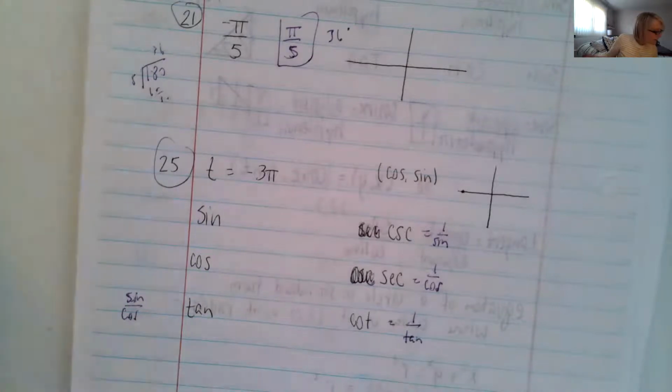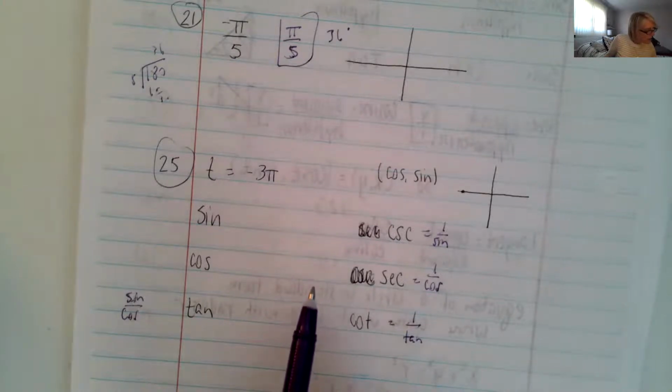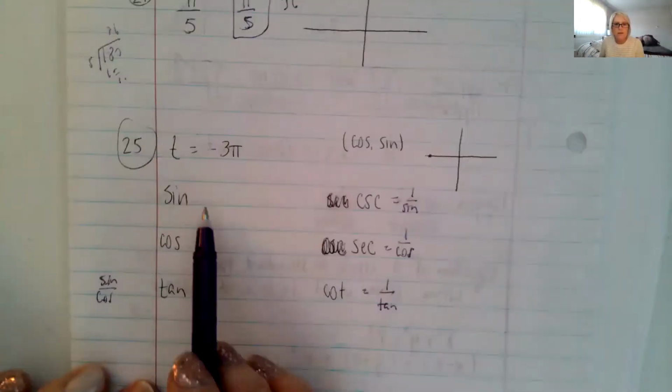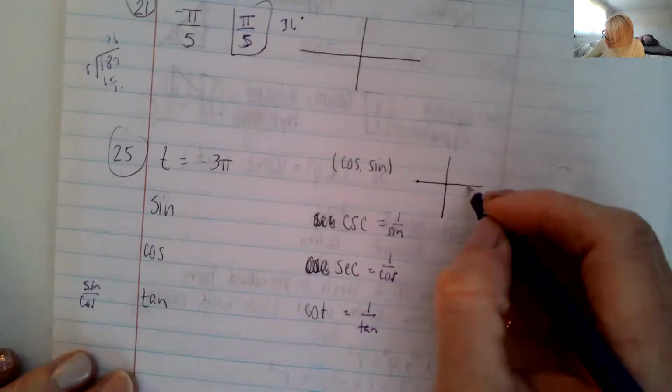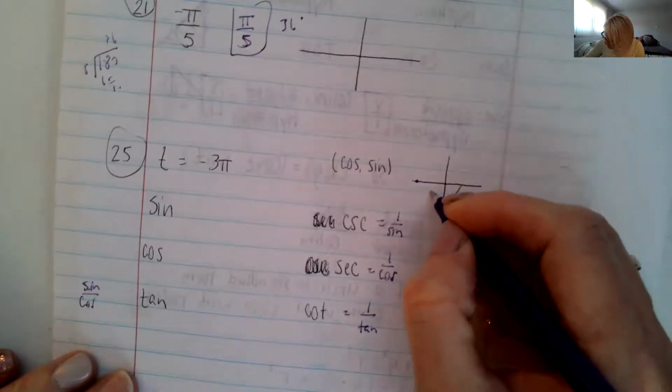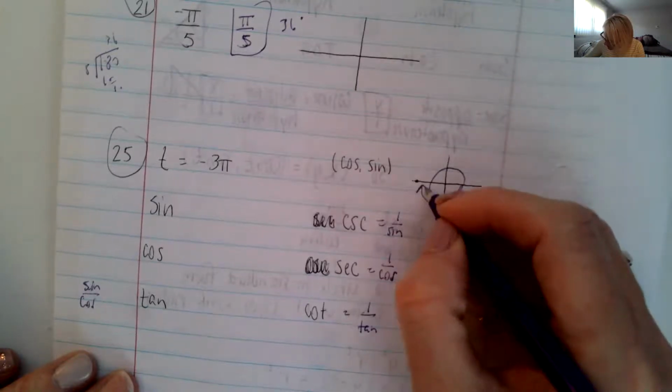So 25 is asking us in this section to find the exact values of all the trigonometric functions for the following values of t. Don't use a calculator. So we're going to start with our base. This negative 3 pi is going around this way, clockwise all the way and then back to another pi.